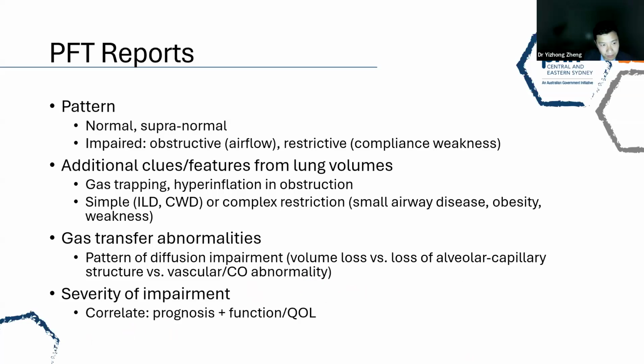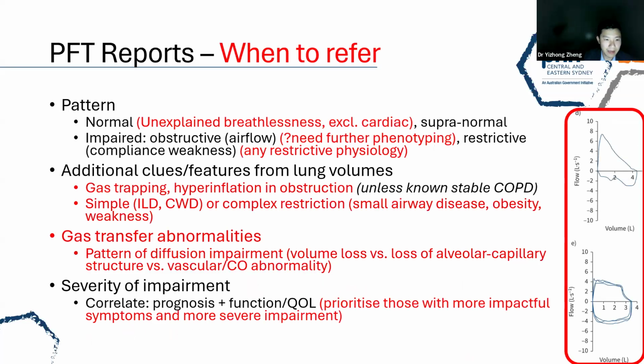So if you have a report back from us, when to refer? Even if you get a normal pattern and you have unexplained breathlessness, and at least the cardiology team have excluded cardiac causes, you may consider referring back to the respiratory physician or to the St George Hospital public respiratory clinic.